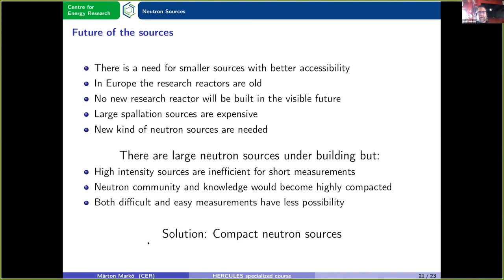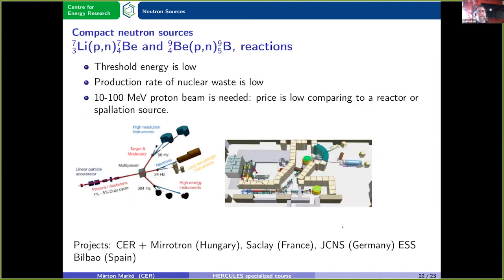So what's the solution? The solution is the compact neutron sources. Compact neutron sources are working with a lower energy proton accelerator, where lithium or beryllium is irradiated with protons at between 10 and 100 mega electron volt energy, and they produce a moderate intensity of neutrons.